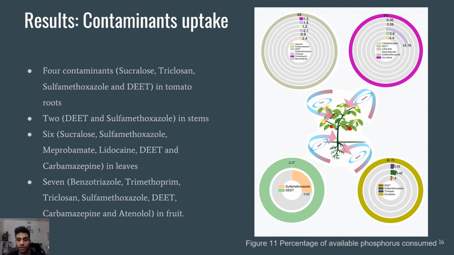Now it's a little bit interesting to see that some of the contaminants which are not present in roots or stem are also present in the upper part of the plants. And someone would say, how is this possible? Are they generating during this process?